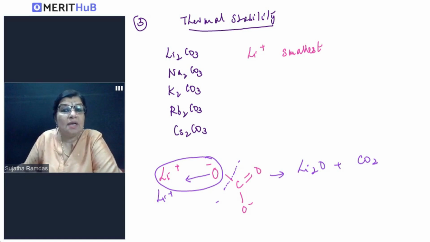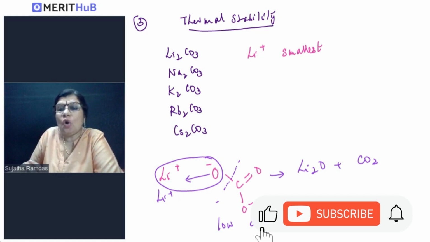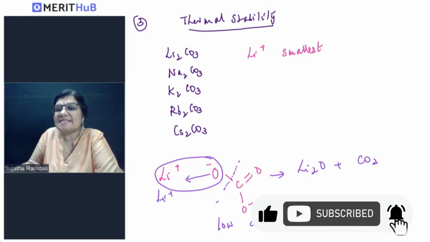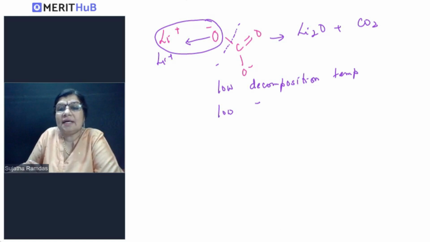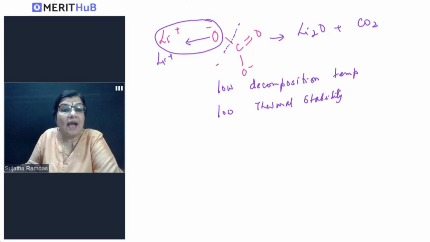The carbonate ion is easily broken down, so in other words, lithium carbonate is easily broken down to lithium oxide and carbon dioxide at very low decomposition temperatures. Low decomposition temperature signifies low thermal stability. Thermal stability is stability on heating. It is unstable towards heat.